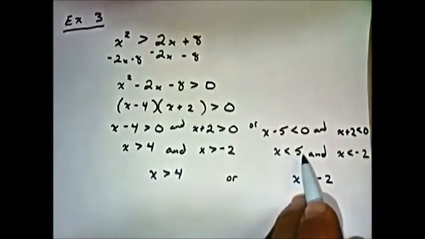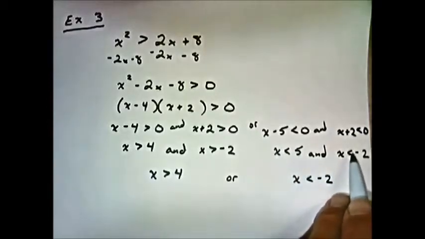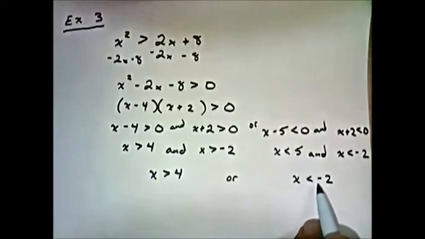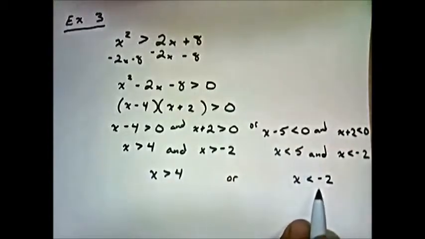For example, if we took 0, again, 0 is not less than negative 2, so it would not be in our solution set. So here's our answer: x is greater than 4 or x is less than negative 2.